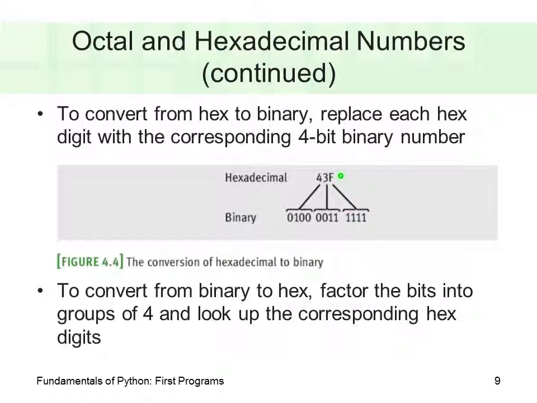Here we have hexadecimal 15. Now to convert from binary to hex, again, you group them in 4. You figure out, okay, 0100 is 4. There you have it. 0011 is 3. There you have it. And as we said, all 4 ones is 15. And 15 is depicted in hexadecimal as the letter F.